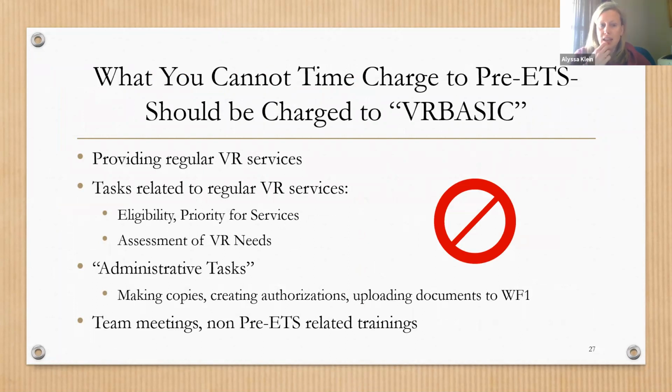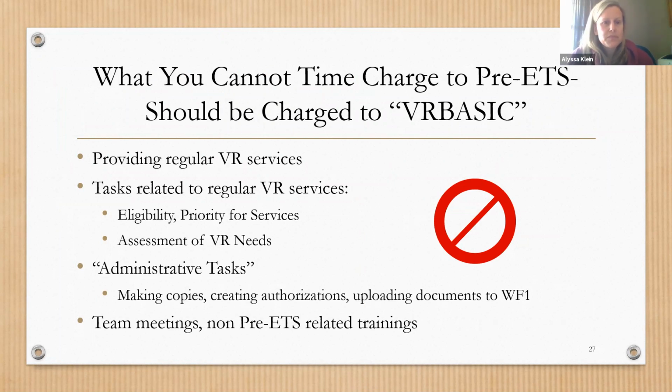Lastly, here's a slide that reviews all the things that are not charged to Pre-ETS and should be charged to VR Basic instead. So again, providing any regular VR service, any task related to VR services, so doing eligibility and priority for services decisions, doing your assessment of VR needs.